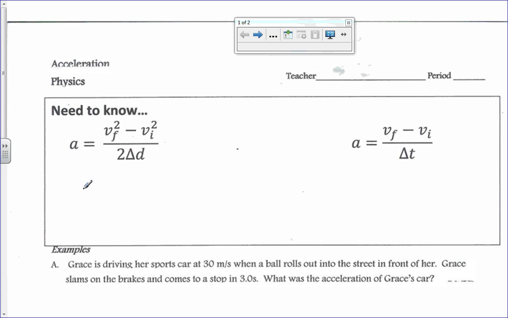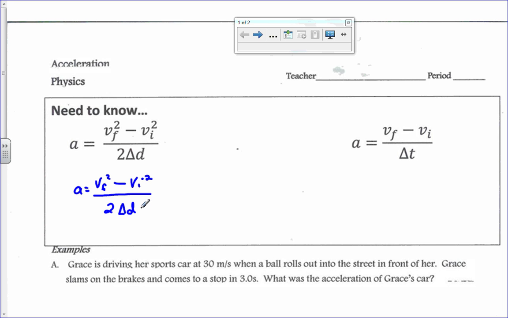To solve for distance, the first thing you're going to do is rewrite the formula. Acceleration is final velocity squared minus initial velocity squared over 2 times the change in distance. Okay, I'm solving for the change in distance. I want to get distance up into the numerator.